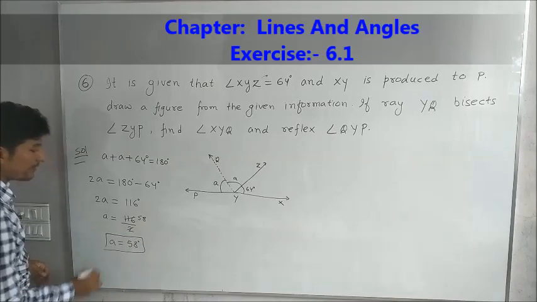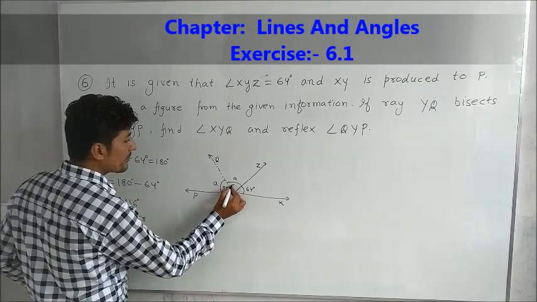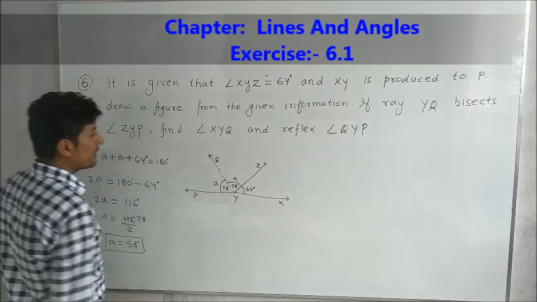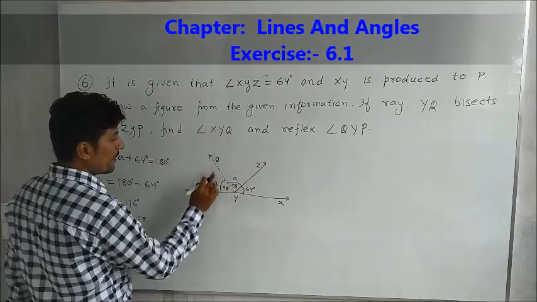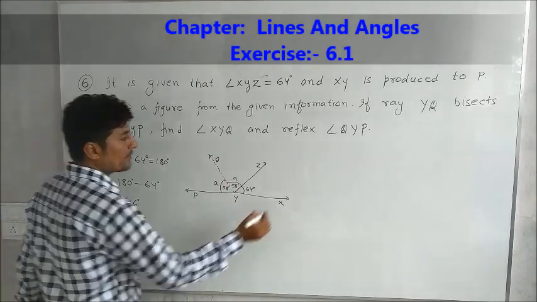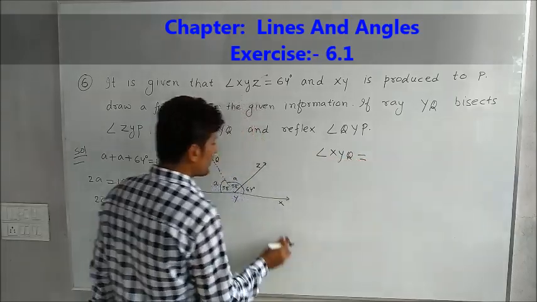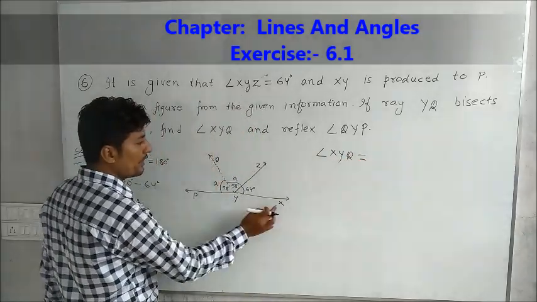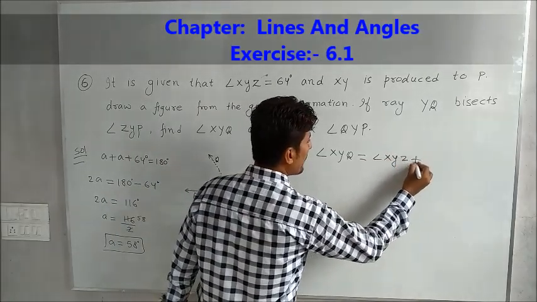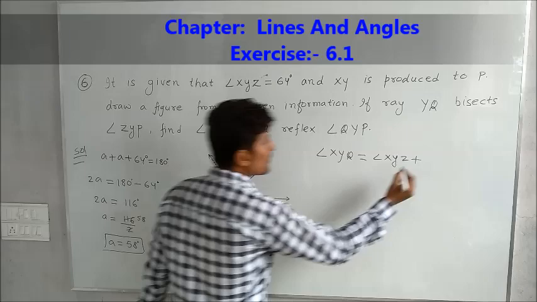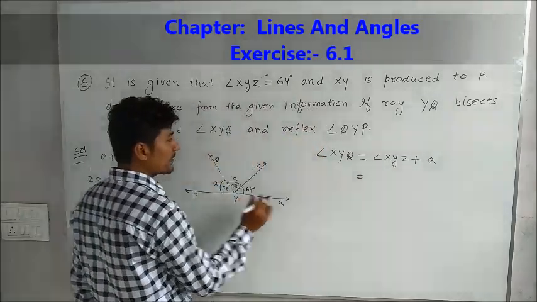Hence we got the measurement of angle A. Measurement of angle A equals 58 degrees. This is also 58 degrees. We have to find the measurement of XYQ. Hence we can write angle XYQ is equal to angle XYZ plus angle A. The measurement of angle XYZ is given as 64 degrees.